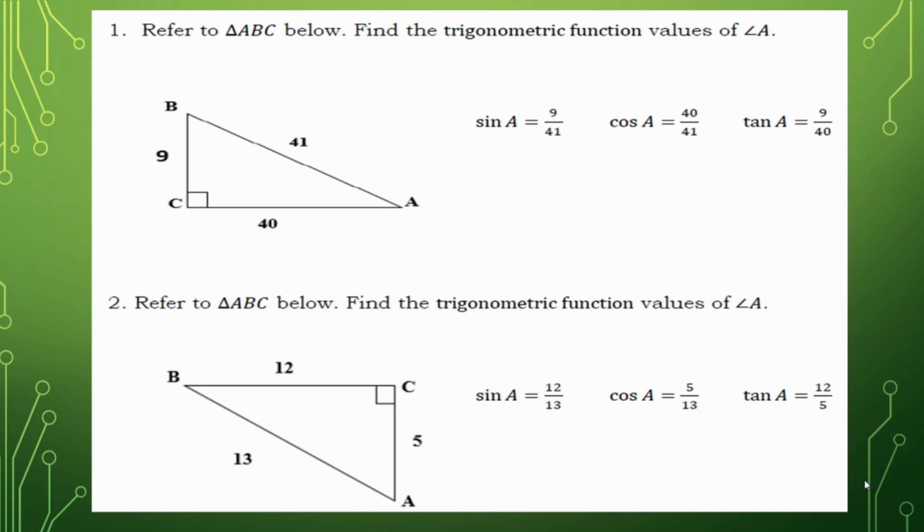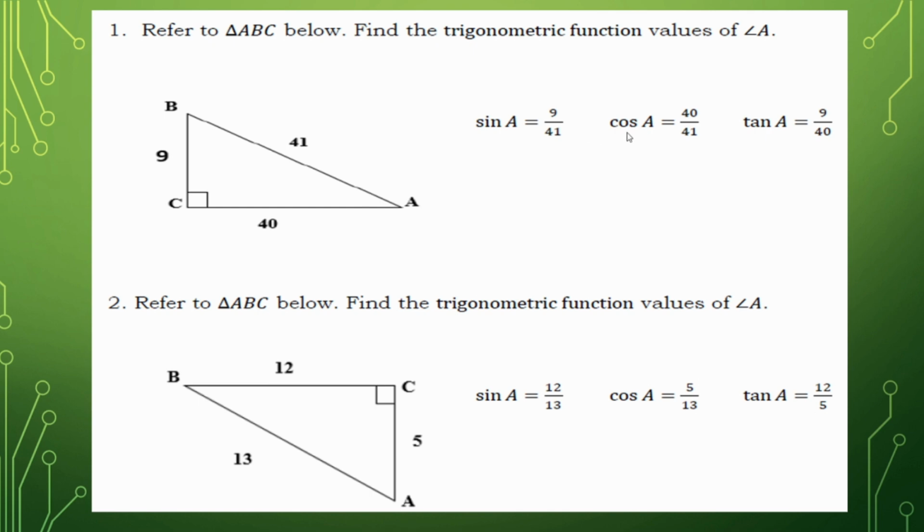For the first example, we have triangle ABC. We need to find the trigonometric function values of angle A. Angle A is our reference angle, so the opposite side is line segment BC, and our adjacent side is line segment AC. Using SOHCAHTOA, sine A is 9 over 41.